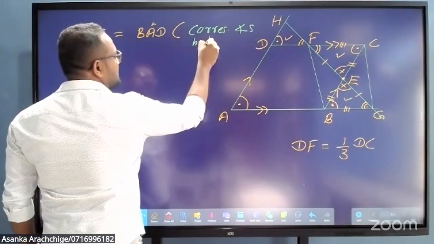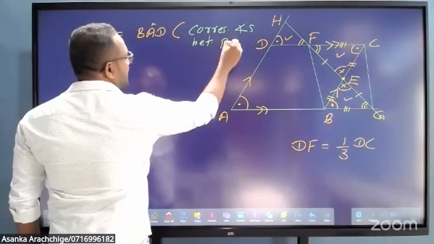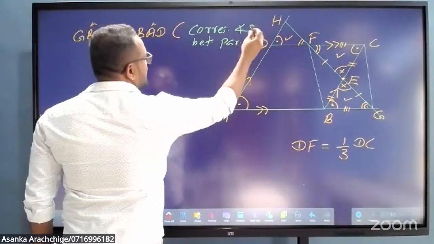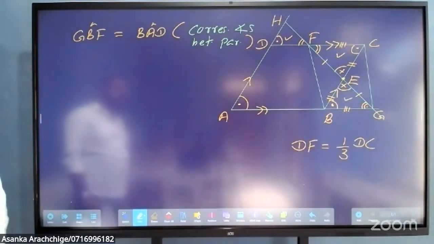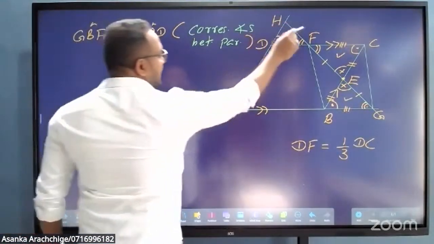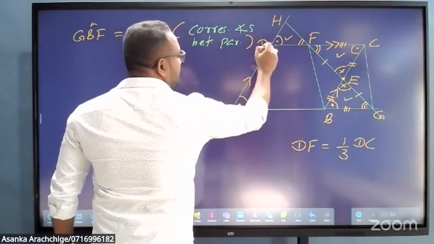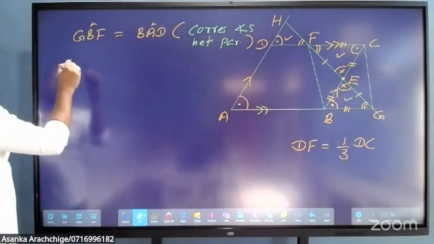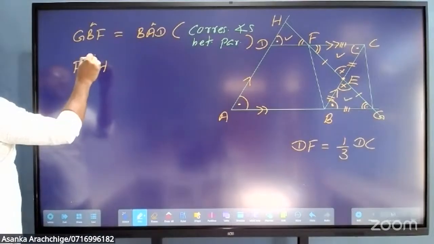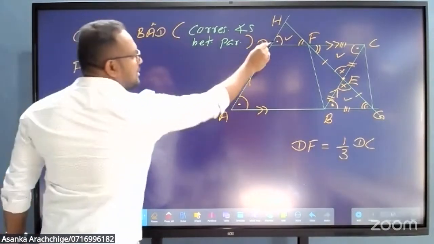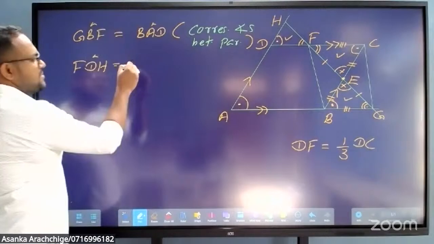Then angle FBH, this angle also equal to the same BAD.